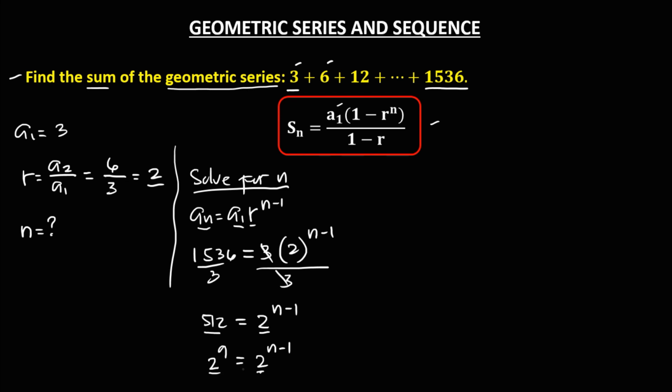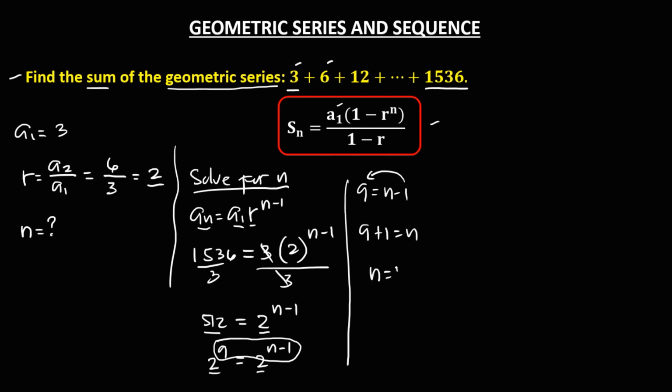Since we now have the same base, we can equate the two exponents. So 9 equals n minus 1. To solve for n, transpose the negative 1: 9 plus 1 equals n. So n is equal to 10. This series has 10 terms.